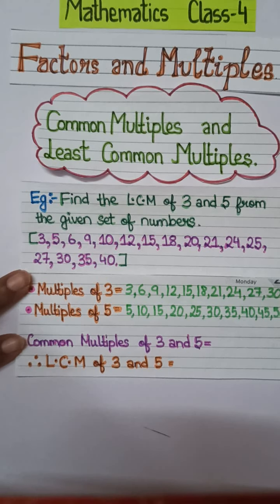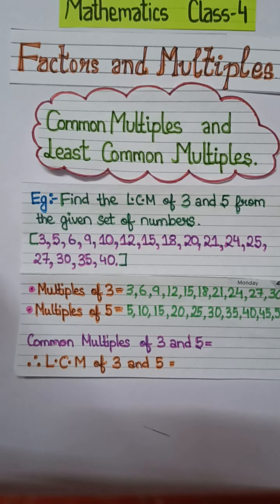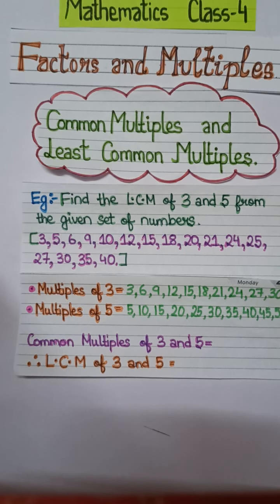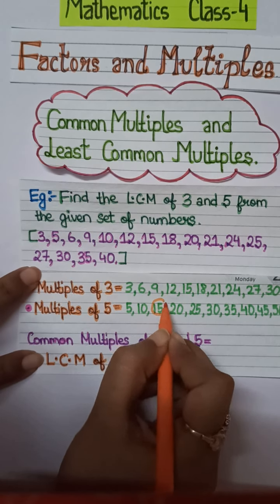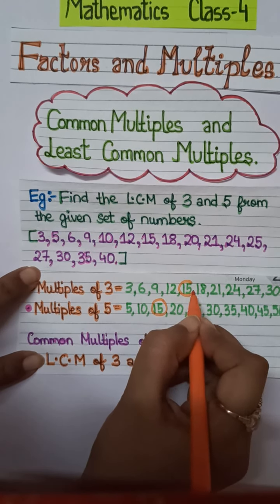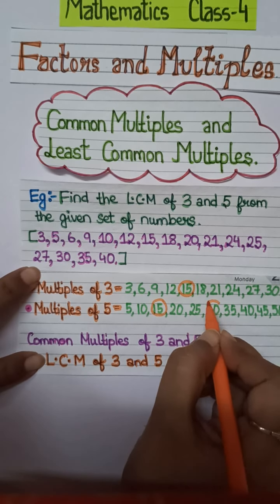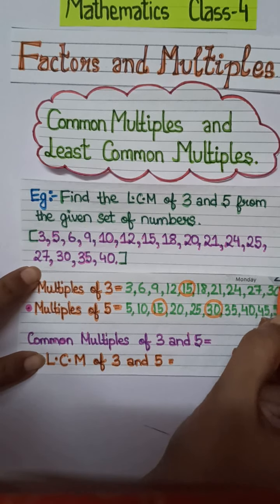After we write all the multiples of 3 and 5, we then find the common multiples of both. So the common multiples are 15, 30.